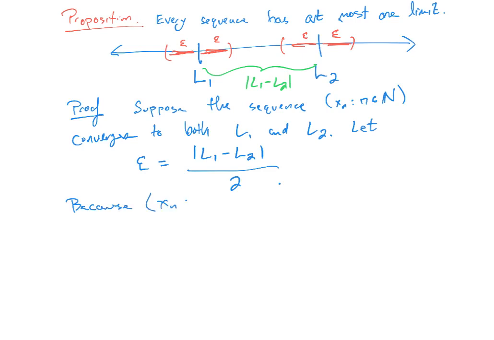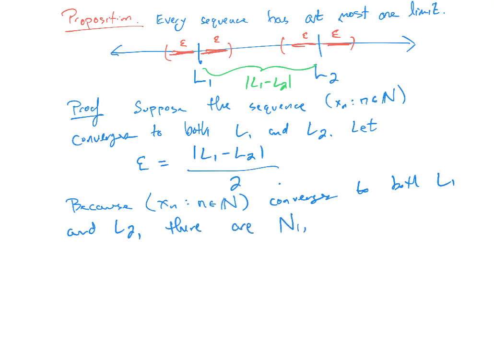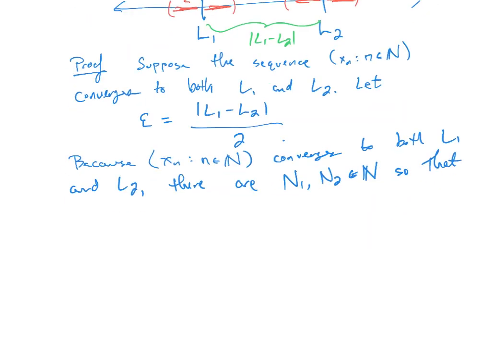Because our sequence converges to both L1 and L2, in the definition of convergence, somebody picks an epsilon, and then there are these capital N's. So really, there's a capital N1 and a capital N2. They're both natural numbers. So that we're within epsilon.